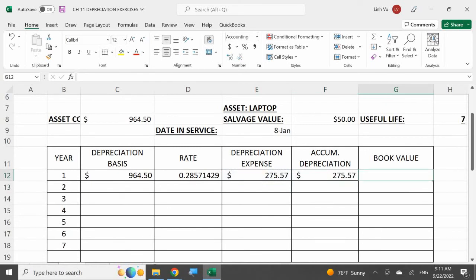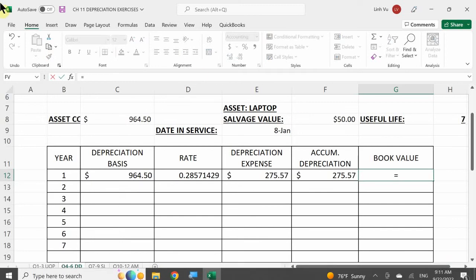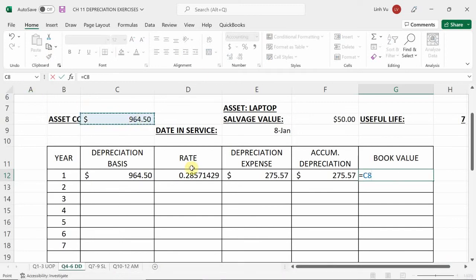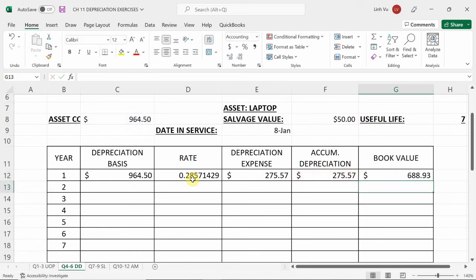What's my book value going to be? $688.93. Good. So then what becomes my depreciation basis for year two? $688.93.